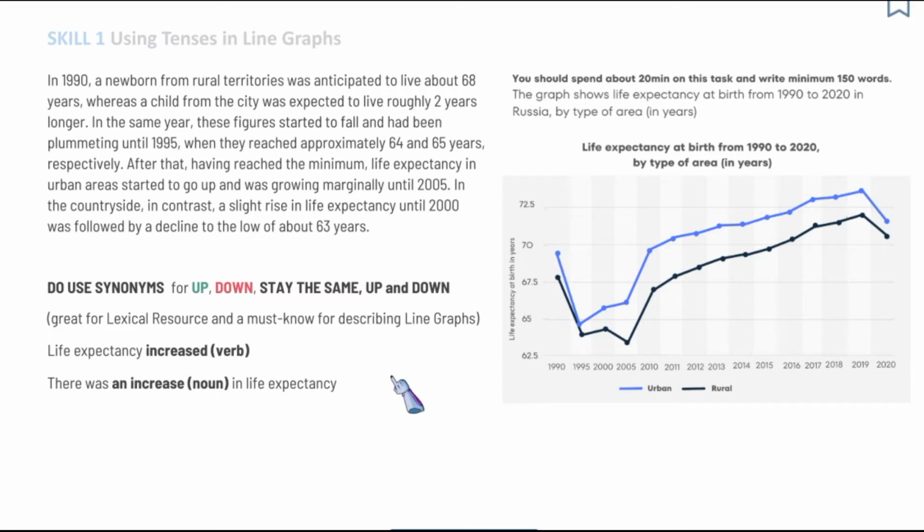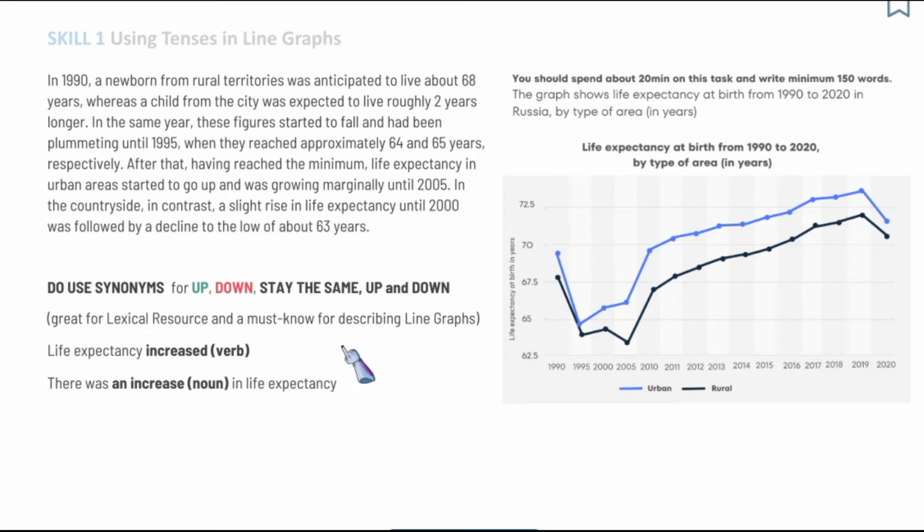And now I just want to show you one little trick that you can do in order to increase the lexical resource. So have a look at these two examples. Life expectancy increased, and there was an increase in life expectancy.